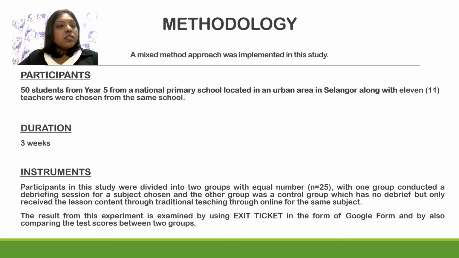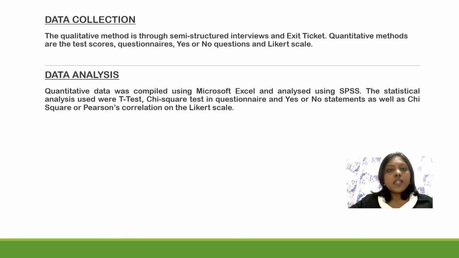The results from this experiment is examined by using exit ticket in the form of Google form and by also comparing the test scores between two groups. The data collected for qualitative method is through semi-structured interviews and exit ticket in the form of Google form, whereas quantitative methods are the test scores, questionnaires, yes or no questions, and Likert scale.